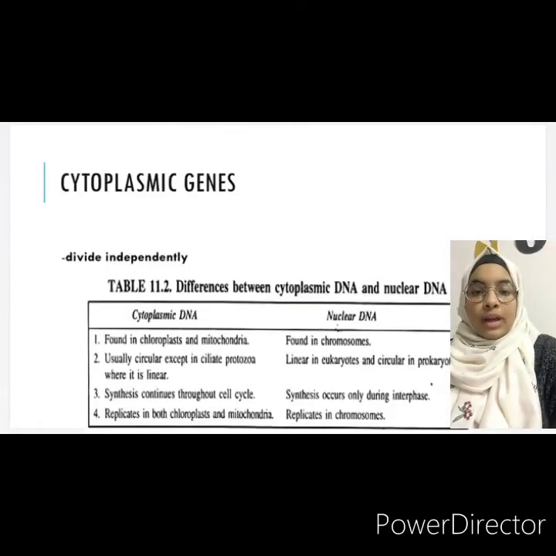All types of extranuclear DNAs, such as mitochondrial DNA and chloroplast DNA, are characterized by their ability to divide independently, away from the normal nuclear DNA. Those types of DNA are replicated in response to the increase in size and energy inside the cell.